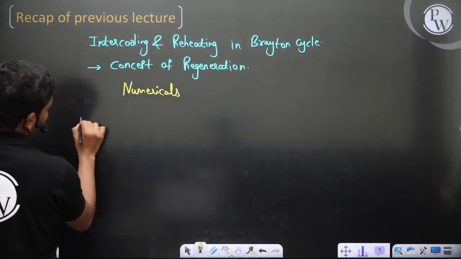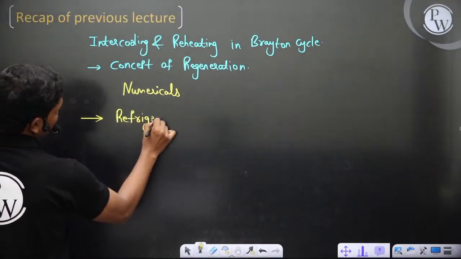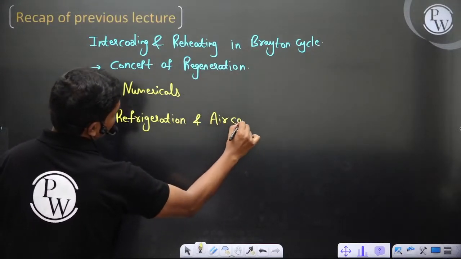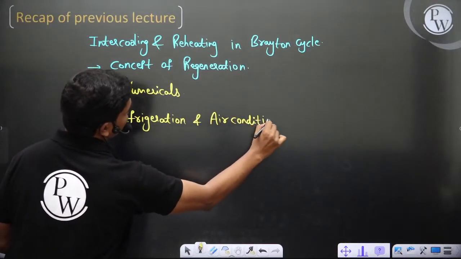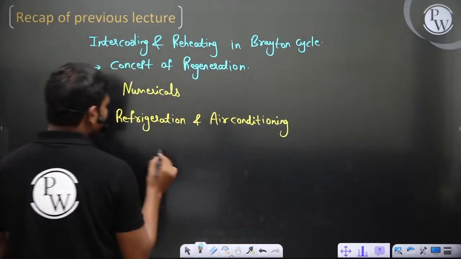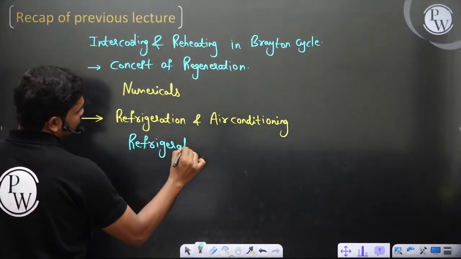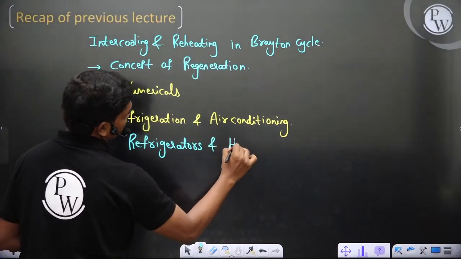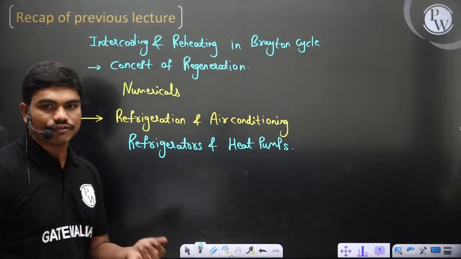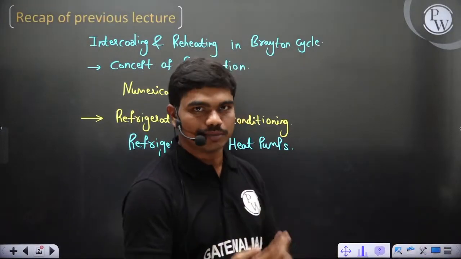Also in the last class, about refrigeration, we saw the definitions of refrigeration and air conditioning, and the concepts of refrigerators and heat pumps from the Clausius statement. We saw how to calculate the COPs, how to handle reversible cycles and convert the heat interactions in terms of temperatures.